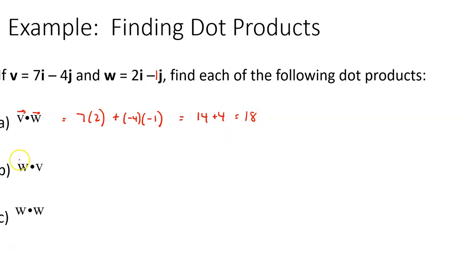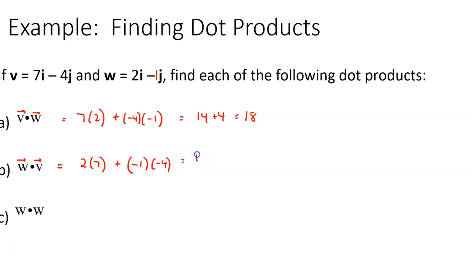All right, the second one says to do the dot product of w and v. So I guess I'll start with w this time and then work my way towards v. So I'm still going to do first component times first component, but I'll do 2 because that's the first component of w, times 7, that's the first component of v, plus negative 1, that's the second for the w, negative 4, that's the second for the v.